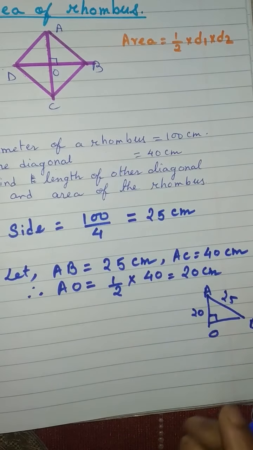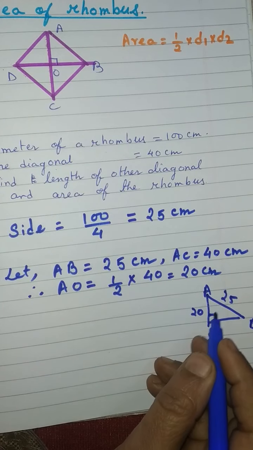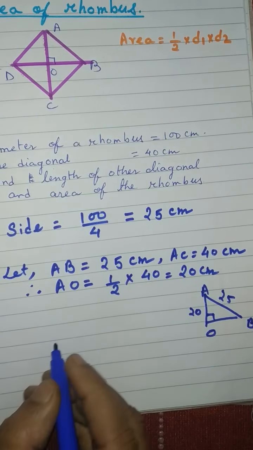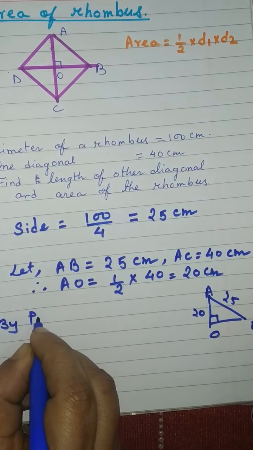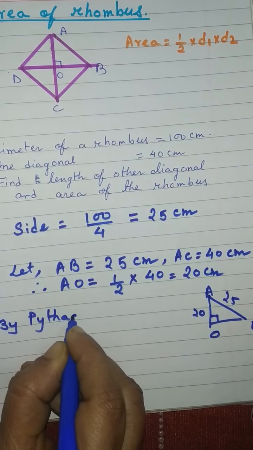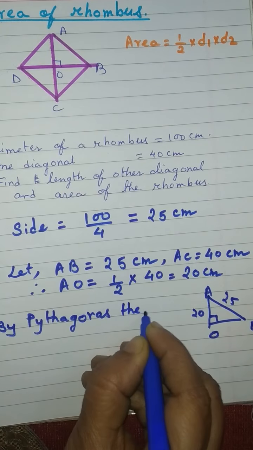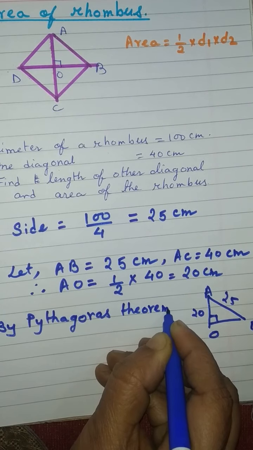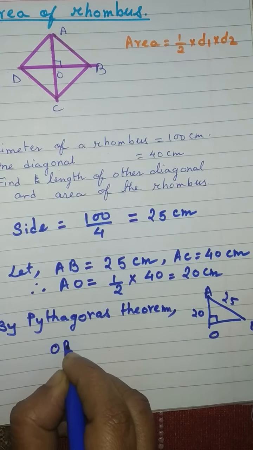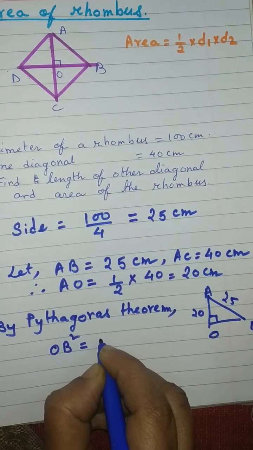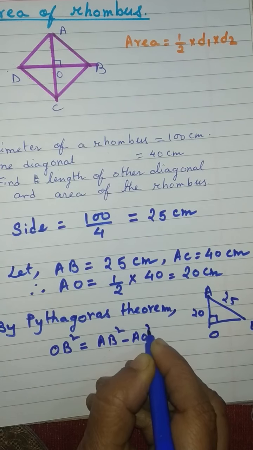Pythagoras theorem is used in case of a right angle triangle, and the theorem is hypotenuse square is equal to base square plus height square. So by Pythagoras theorem, we can say that OB square is equal to AB square minus AO square.